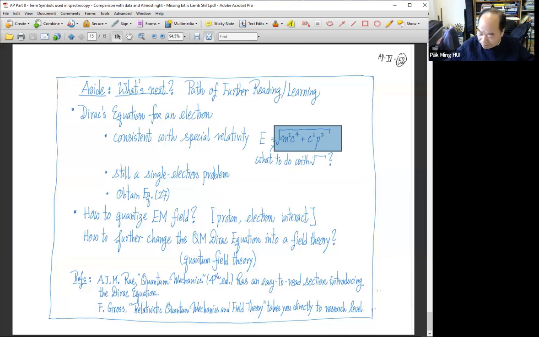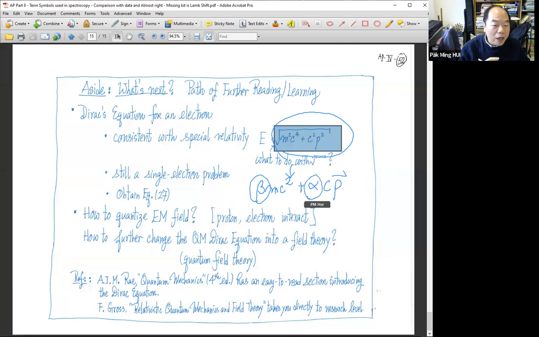He wants this at the end to be something like linear in mc², but he needs something in front, and then to be linear in momentum. So he wants to look for these two things such that this square root can be written in this form. At the end, he found it. This beta and alpha stuff turns out to be 4x4 matrices. And the resulting equation is called the Dirac equation. So that is the next thing you may want to learn.